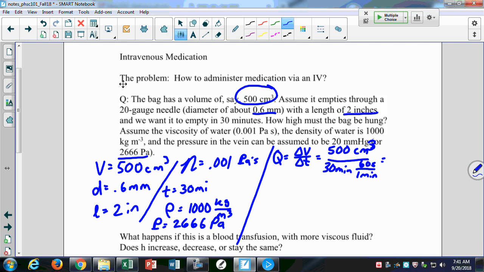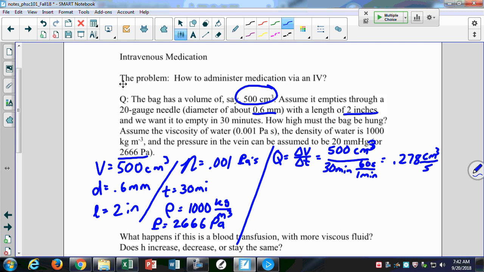That gives me 500 over 1800, which gives me 0.278 cubic centimeters per second. So that's the flow rate that I want, to empty out that entire bag in 30 minutes. That means I need a flow rate of about 1/4 of a cubic centimeter per second.